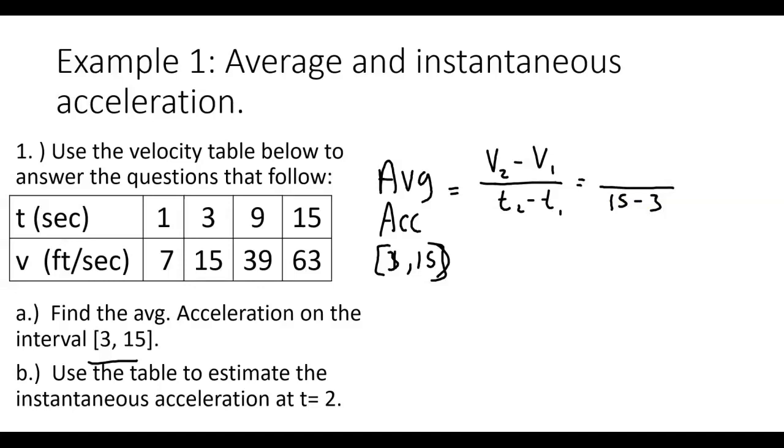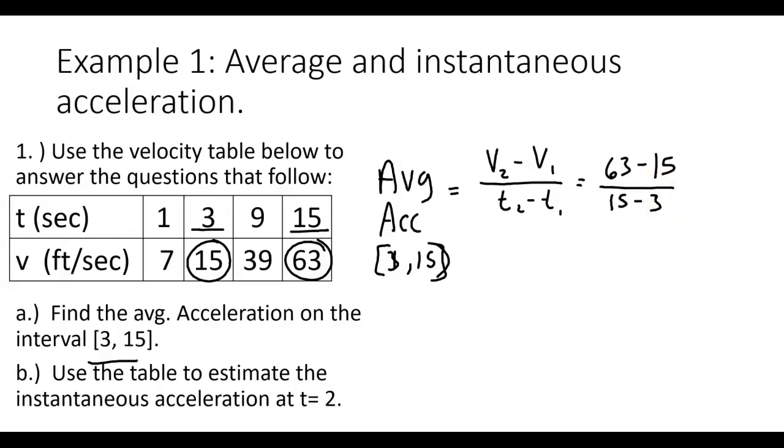And at t equals 15, my velocity is 63, so my second velocity will be 63. And at t equals 3, my velocity is 15, so my first velocity is 15. So I'm going from a velocity of 15 feet per second, and I'm increasing that to a velocity of 63 feet per second, all over a time period of 15 minus 3.